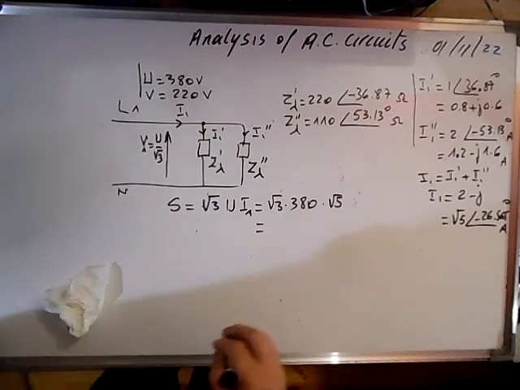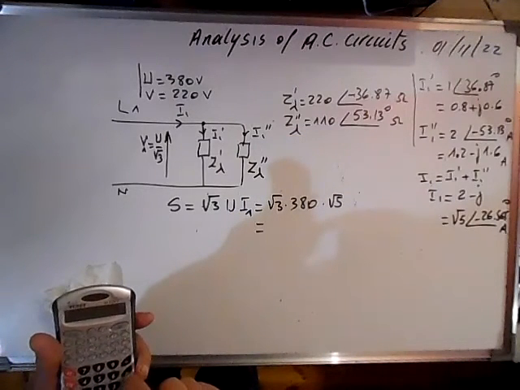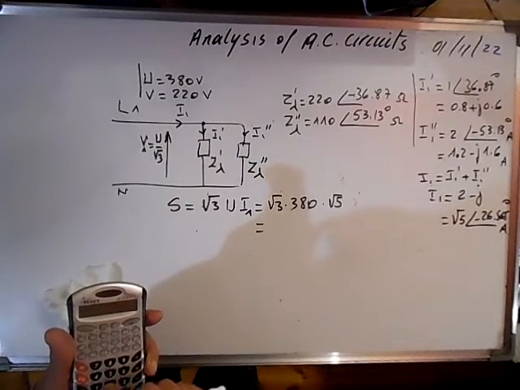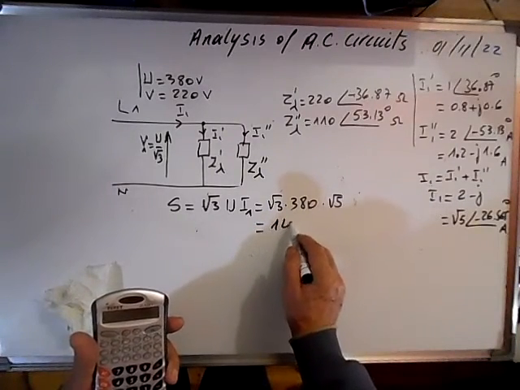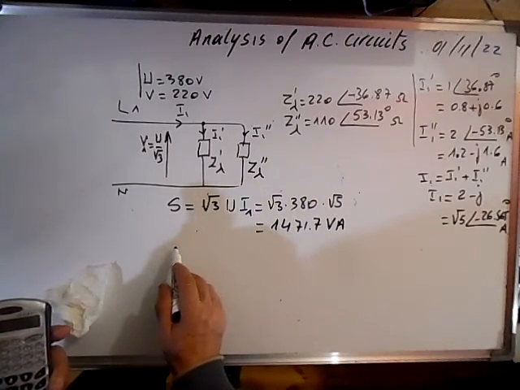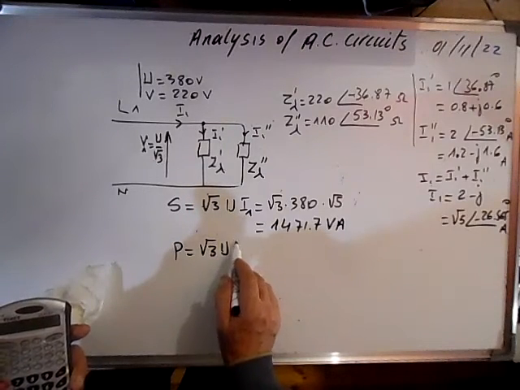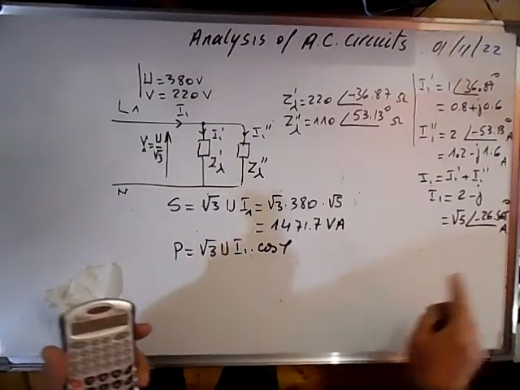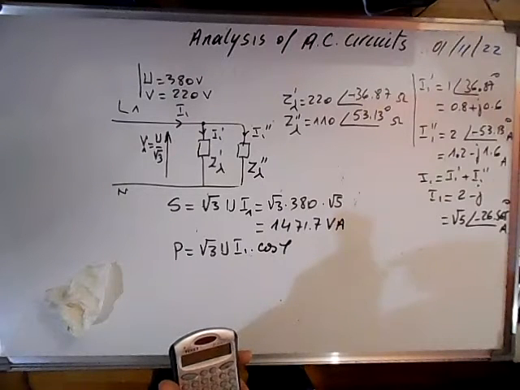This will give us 1471.7 volt amps, and P is equal to square root of 3 U times I1 cosine phi, which is cosine 26.565.